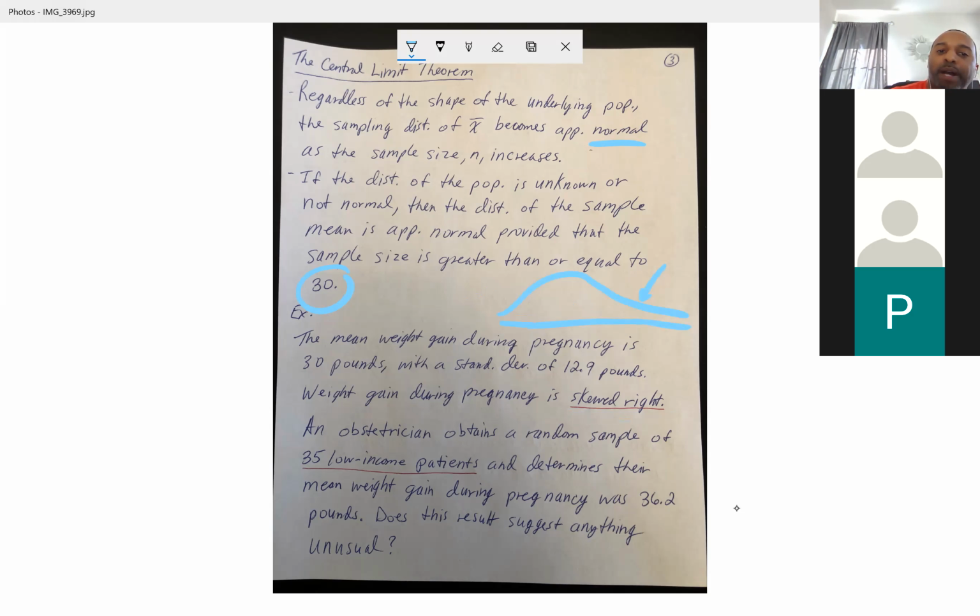But remember, in order to assume approximately normal, we need a sample size greater than or equal to 30. Our sample size is 35. So according to the central limit theorem, we can use the normal distribution, which gives us the ability to use our z-scores.